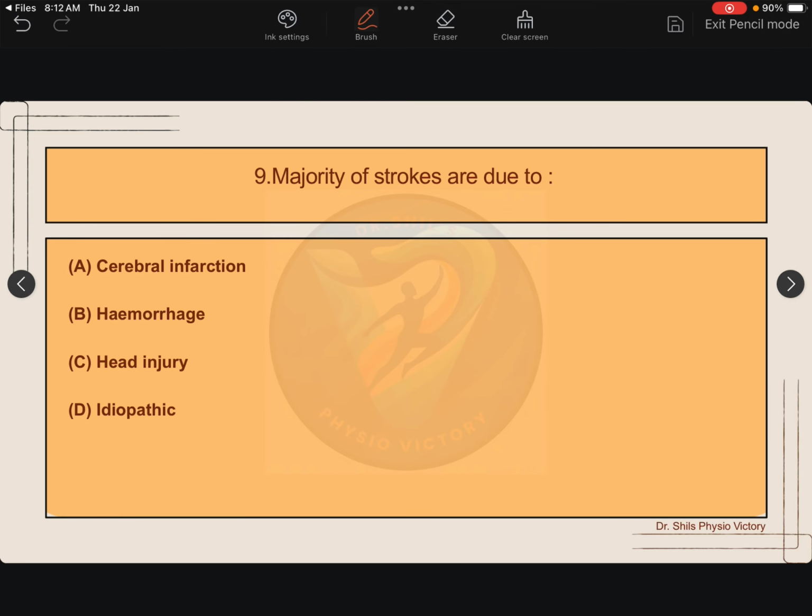Next, come to question number 9. Majority of strokes are due to option A, cerebral infarction, option B, hemorrhage, option C, head injury, option D, idiopathic. Here the correct answer is option A, cerebral infarct, or ischemic stroke.